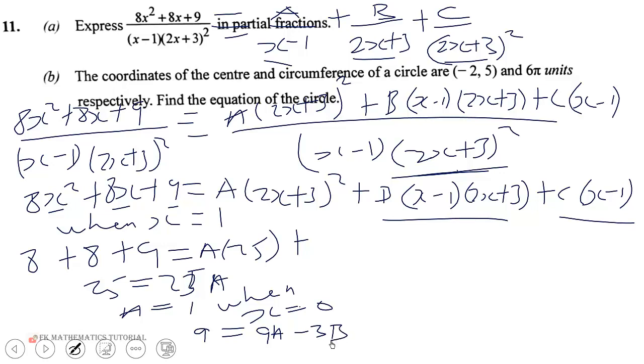Then we put 0 here, we get minus c. Also, when we put x equal negative 1, let's see something.